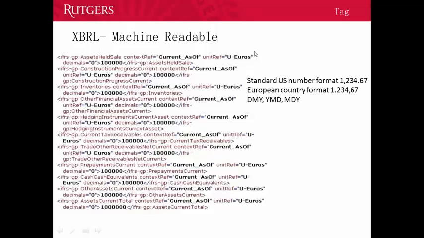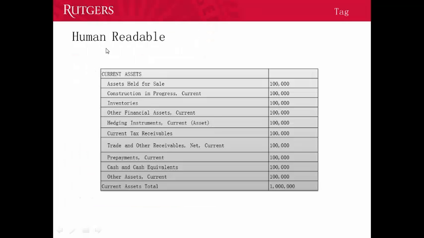And this identifies whether or not the number is recorded in standard US number format. Here, euros means this format is the European country format. In this format, the number reads like this. So, from the information here, you can see how different machine readable information is from human readable information.